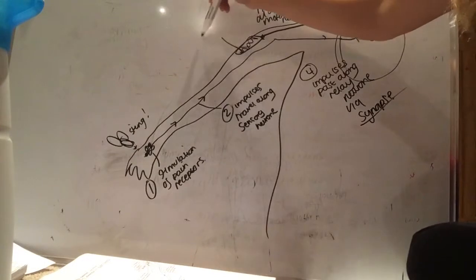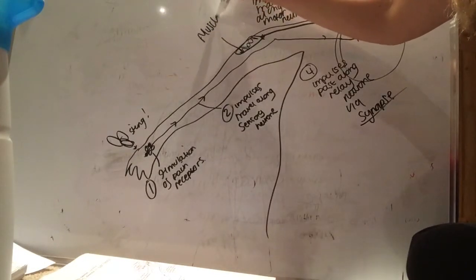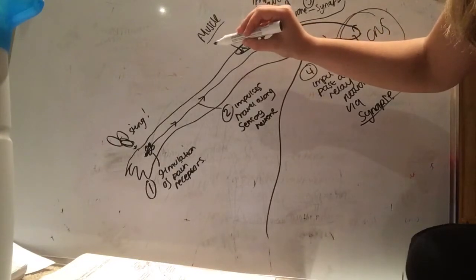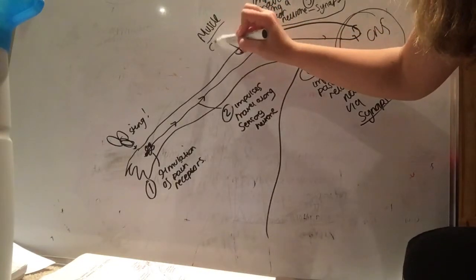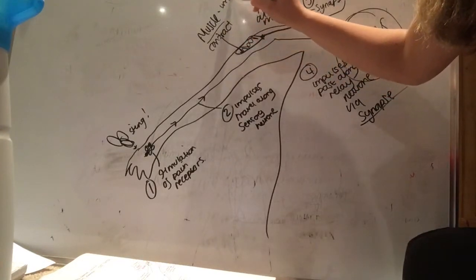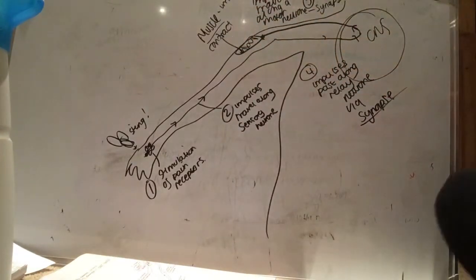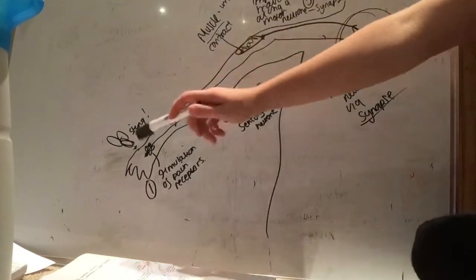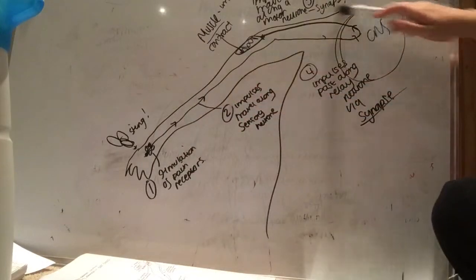This is the muscle. And this causes the muscle to contract, and we'll move away as soon as that bee stings us. So, it might seem silly, but it goes along.